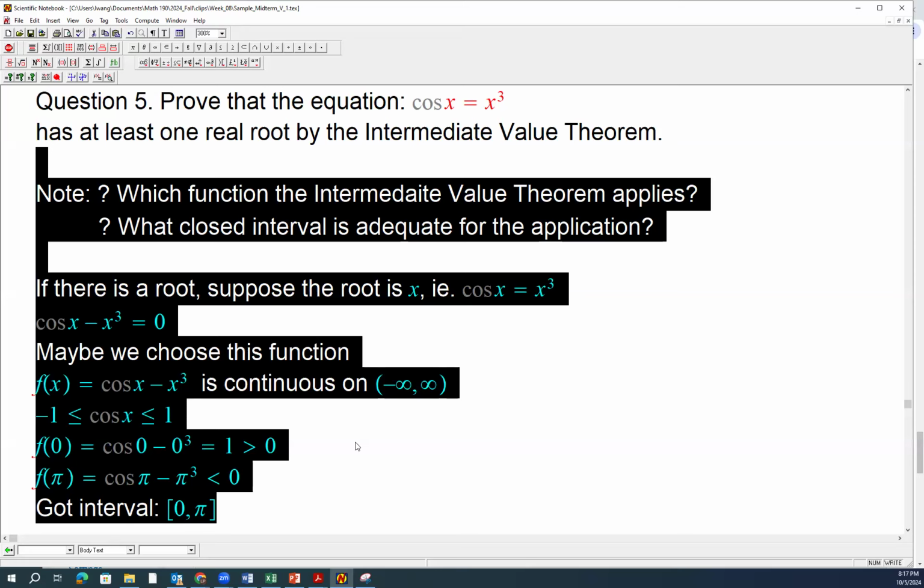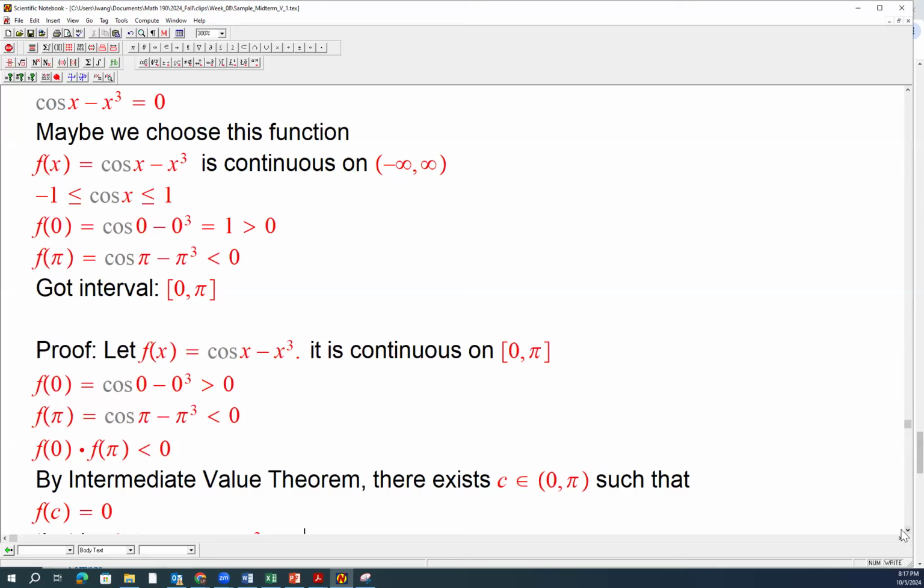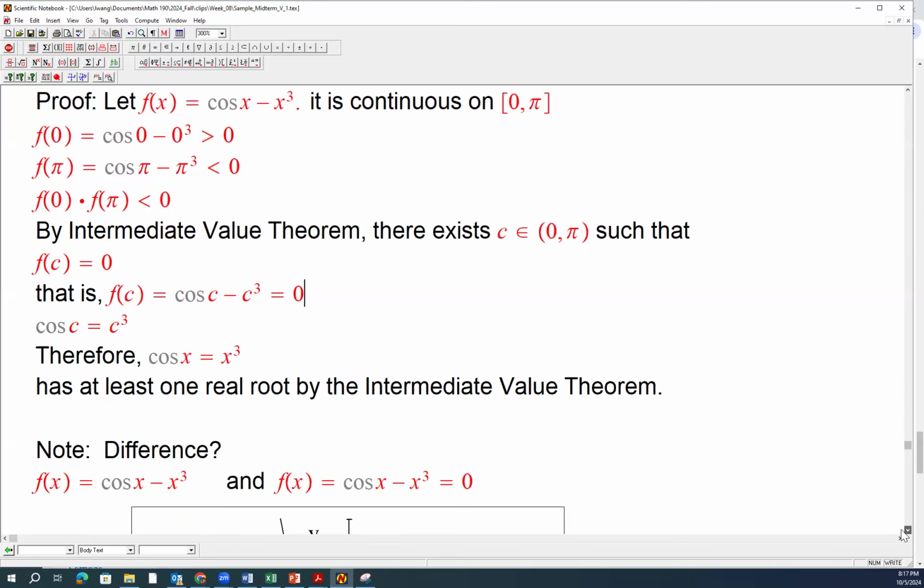You don't need to show the reader that. So what do you show to the reader? From the outset, you just tell the reader, I introduce a function like this. It is continuous on the closed interval. Why?